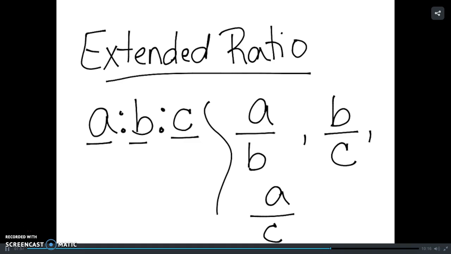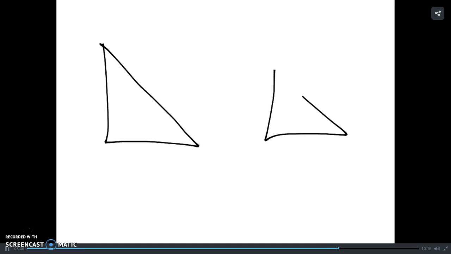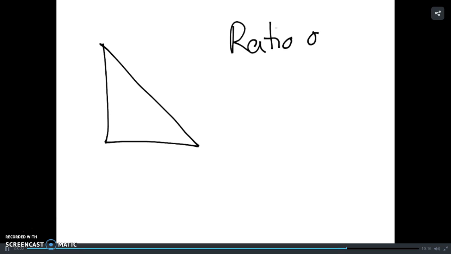And again, that's usually used for things where there's more than one item to compare, or more than 2 items to compare. We're going to use those to compare triangles. Okay, so I might have a triangle here, and I might know that the ratio of the angles here is 3 to 4 to 5.